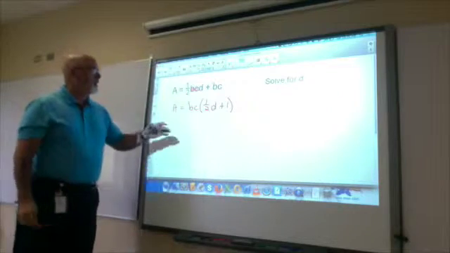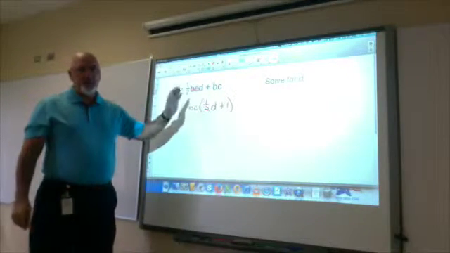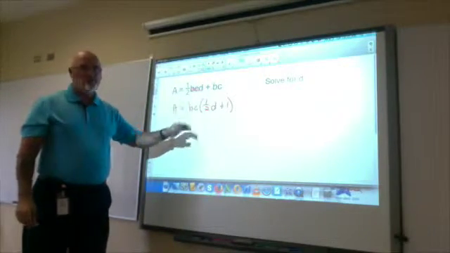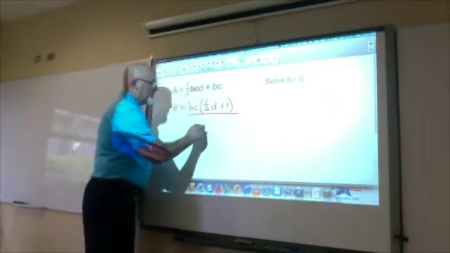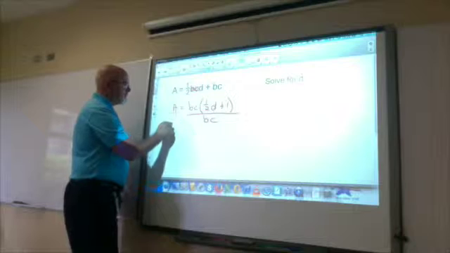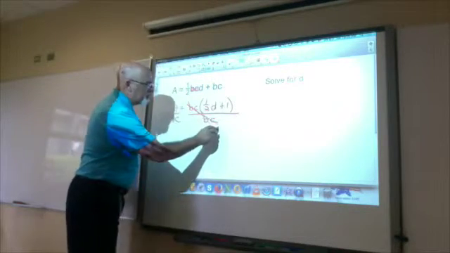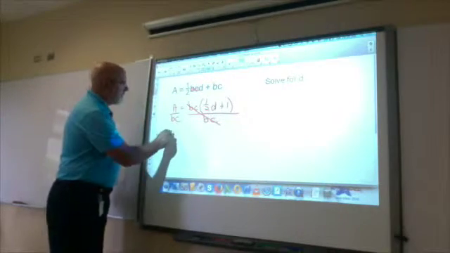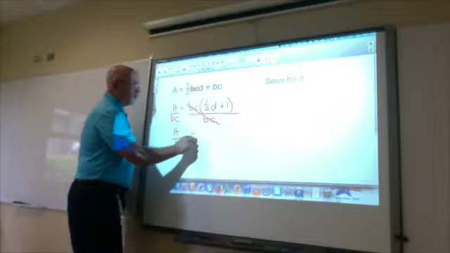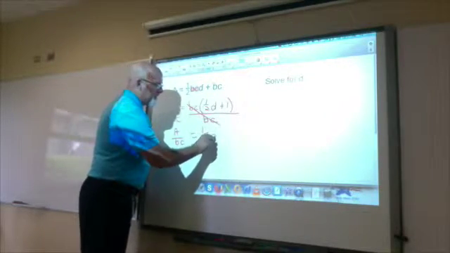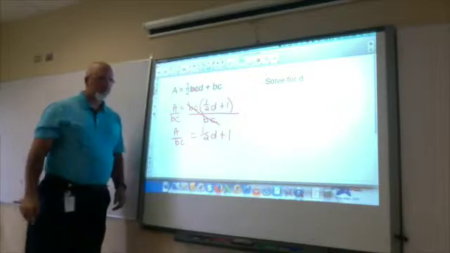Okay? Now, we need to get it so that the D is by itself. So we need to get rid of this BC. So divide both sides by BC. This goes away. And we're left with A over BC equals 1/2 D plus 1.